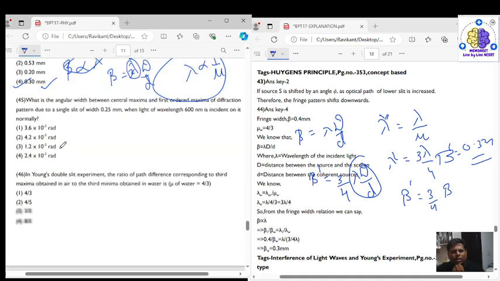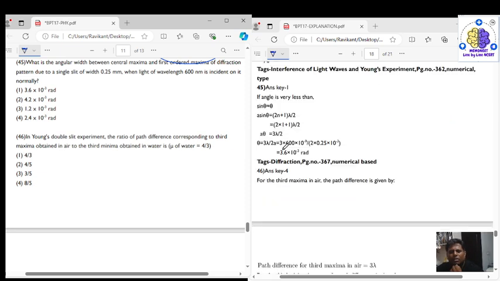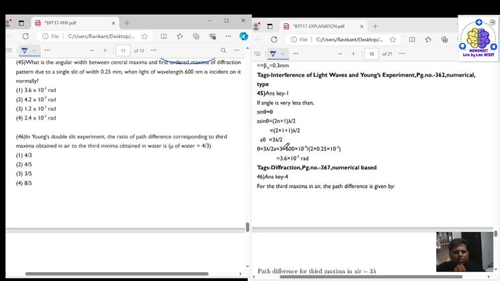Coming to question number 45. Question number 45 says: what is the angular width between the central maxima and the first order minima of the diffraction pattern due to a single slit of width 0.25 millimeter when light of wavelength 600 nanometer is incident on it normally, right?